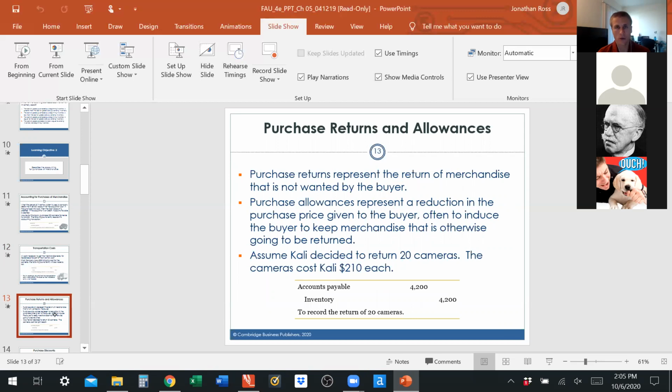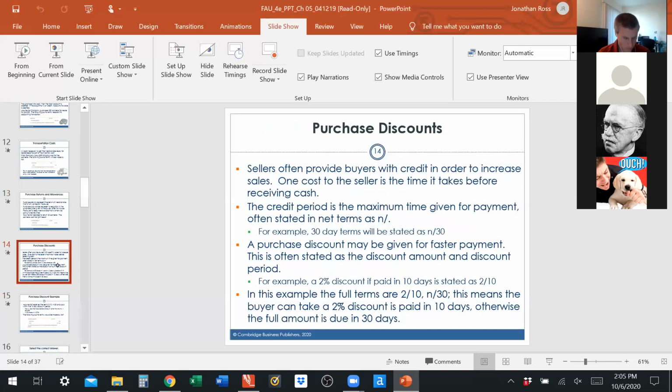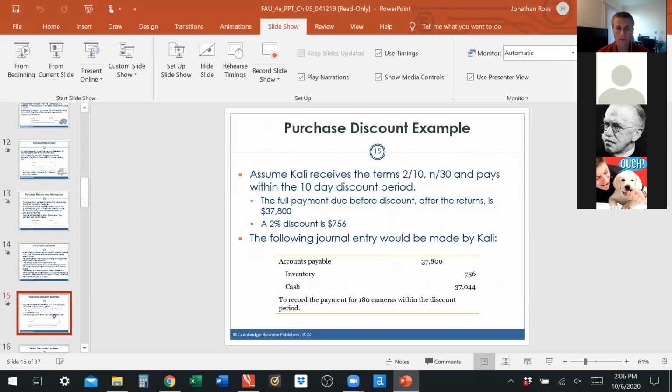Only do that if you're a perpetual company. So no journal entry for returning the cameras. If you're a periodic company, when you pay for the cameras, and suppose you pay within the discount period, you would make this entry right here. So periodic and perpetual, this entry would be the same.